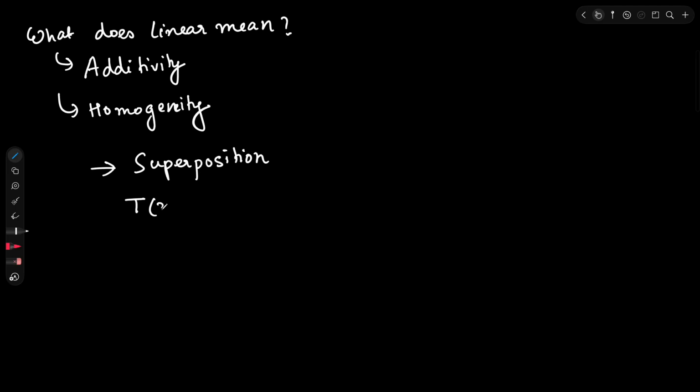Mathematically, superposition means that suppose we have a function t of x1, and another function t of x2.